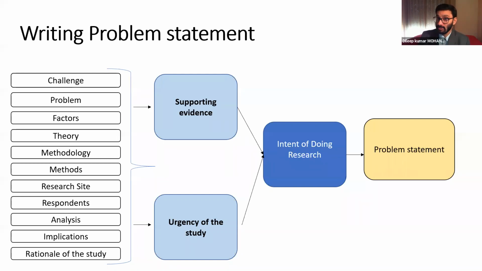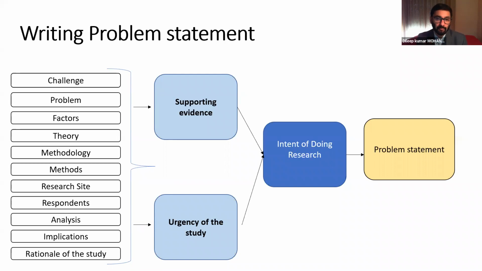And if I address this problem, I'm going to get these answers or future consequences, meaning the implications. And that is my rationale for taking up this topic. So a challenge, connecting. If you write one line for all these things, your problem statement is ready.